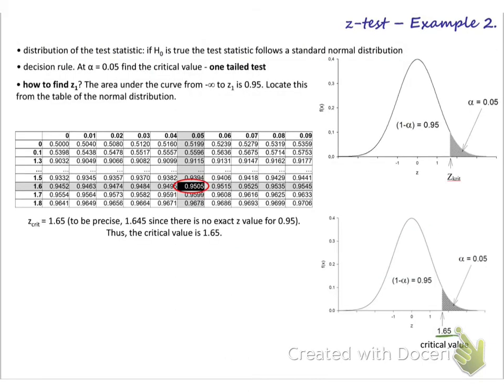It doesn't make a big difference. So at 95%, this is the 5%, and this is Z. Z critical from the graph equals 1.65.